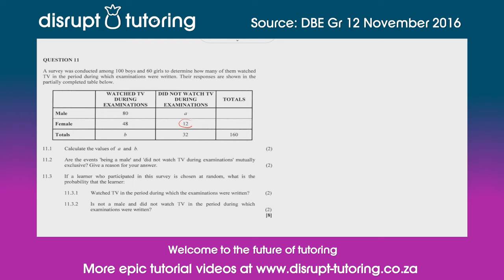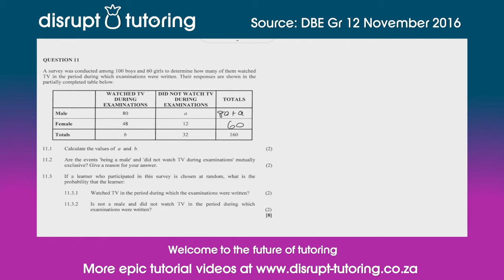So if we add those two together, we end up getting 60, which will go over there. And if we follow the same logic for males, we'll have 80 and A. So that would be 80 plus A.